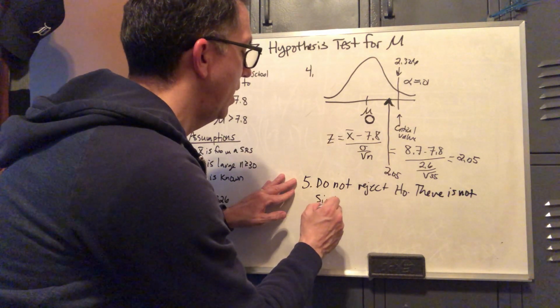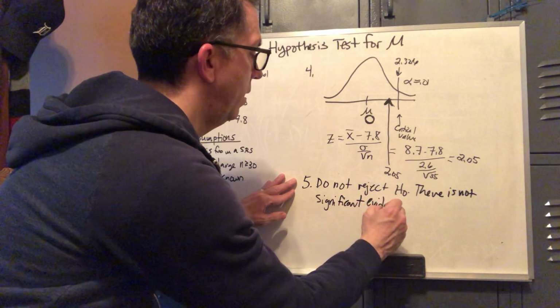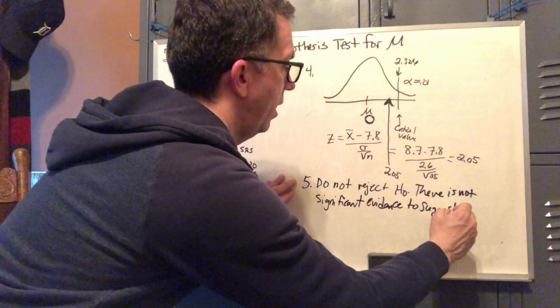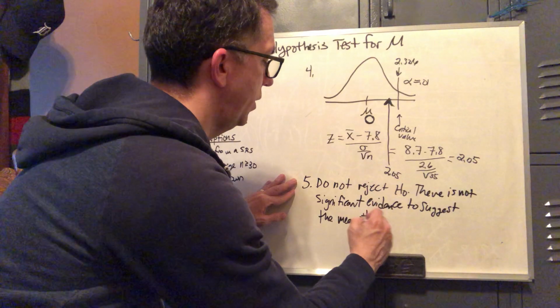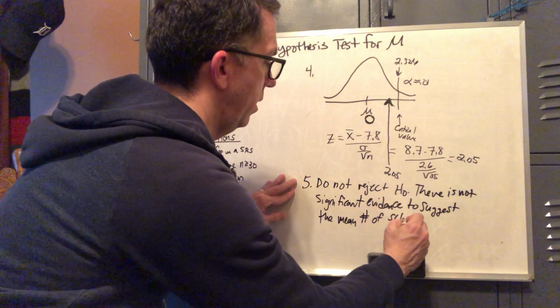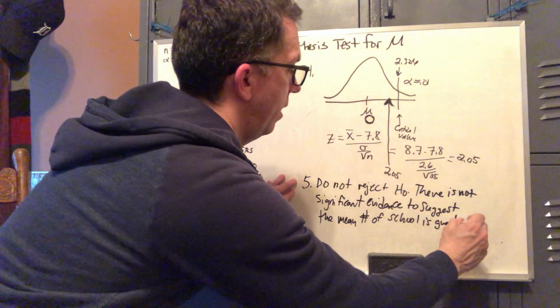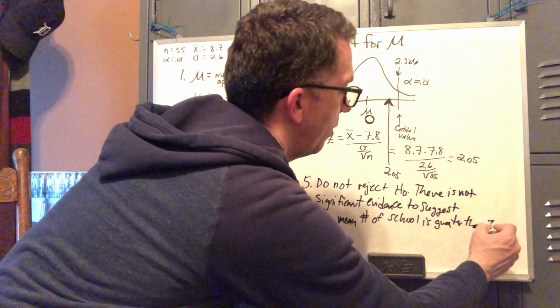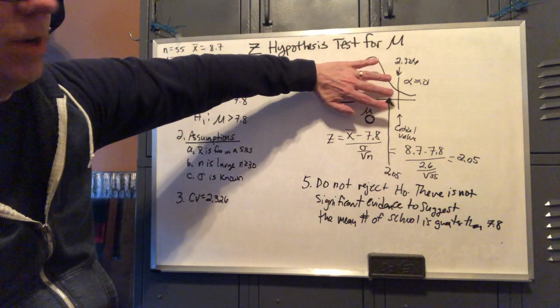There is not significant evidence to suggest the mean number of schools is greater than, you could say hypothesized, or you can write the number. I'm going to say 7.8. We did not have enough evidence. Not enough evidence here, we don't reject.